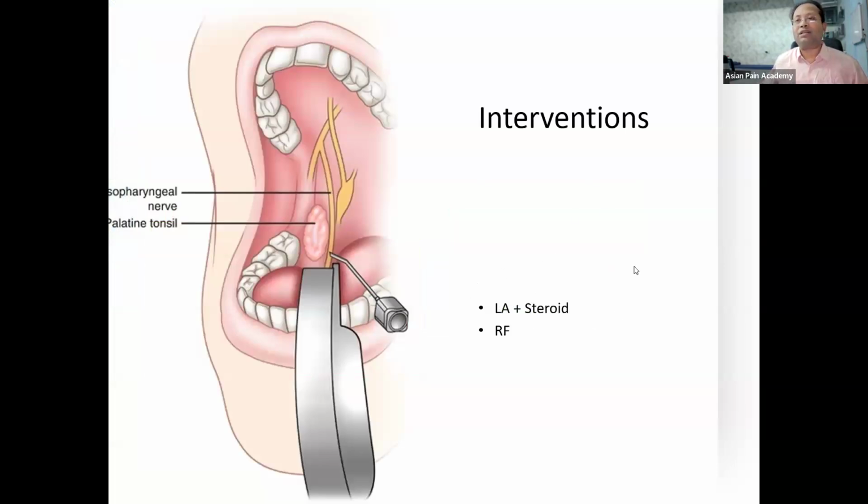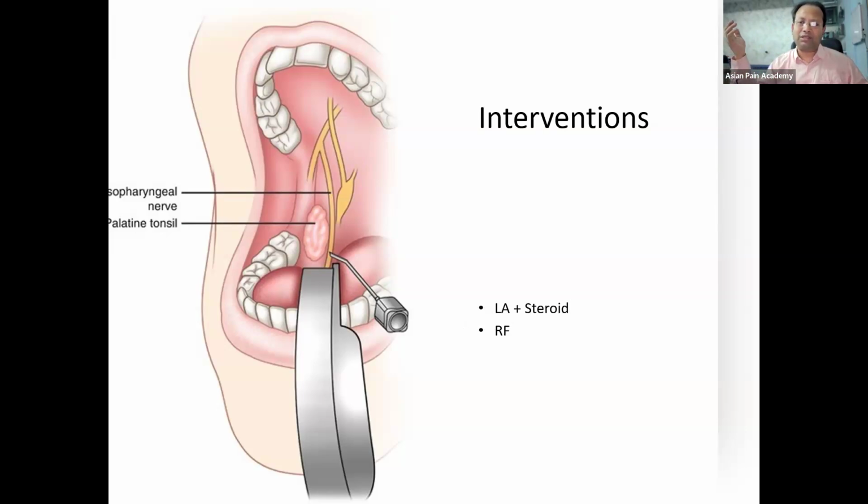One option is local anesthetic plus steroid, though this option is not there for trigeminal neuralgia, it is for glossopharyngeal neuralgia. Second option is radio frequency. Radio frequency can be of different types. Pulse radio frequency, neuromodulation, not immuno. Neuromodulation means we are not destroying, we are just interrupting the pain pathway signals. We are not destroying the fibers.